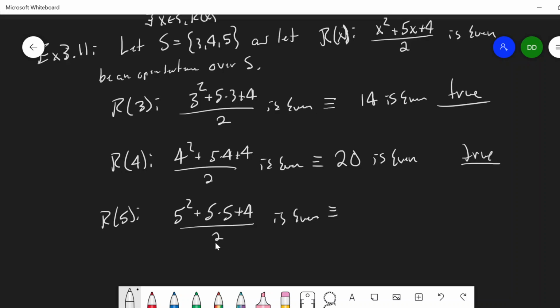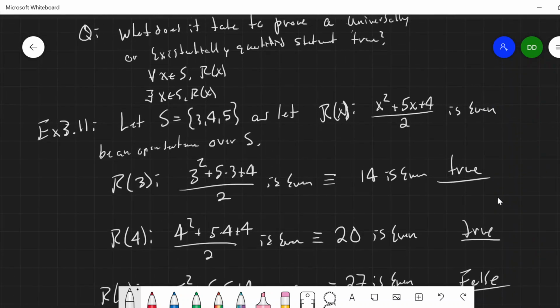Wait, I've done something wrong there, right? This one should be false. 5 squared is 25. Plus another 25, that's 50, plus 4, that's 54. 54 over 2 is 27. I don't know what I was thinking, I wasn't dividing by 2 properly. This is equivalent to the statement 27 is even, and that is false.